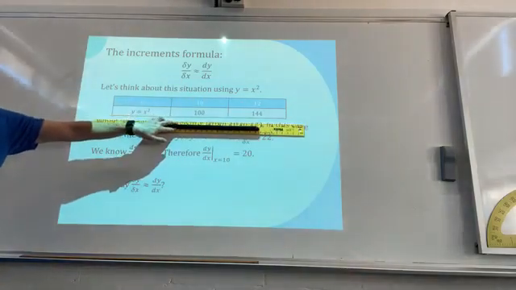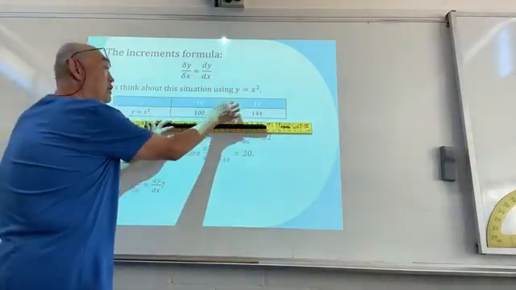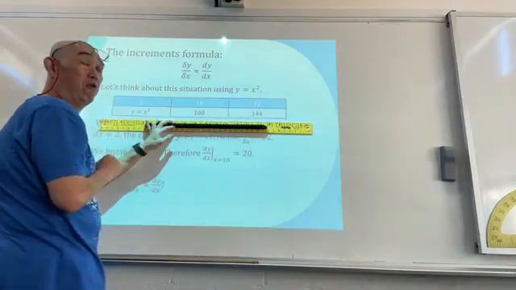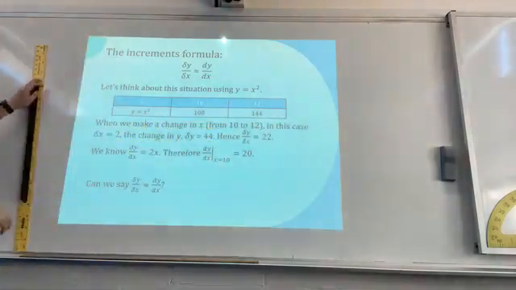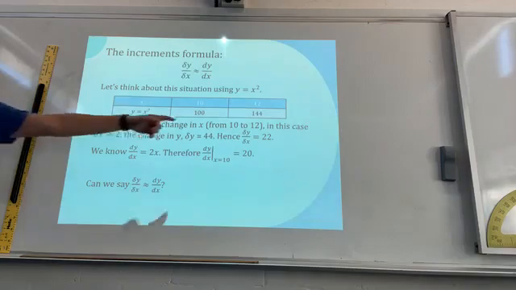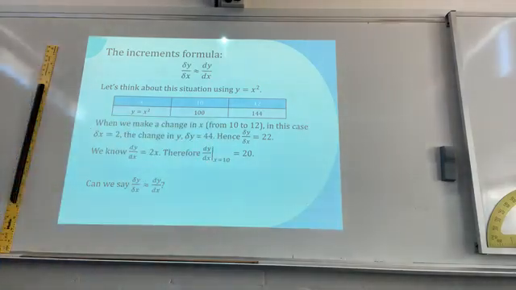And then the change in x results in the change in y, delta y, which is 44. So we make a change from 10 to 12 in this case. We call delta x 2, the change in y, delta y, is 44, and therefore delta y over delta x is 22.